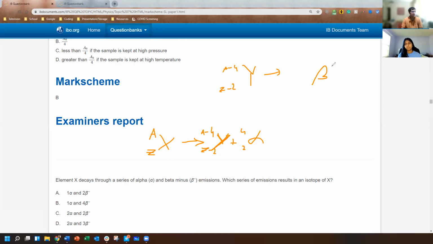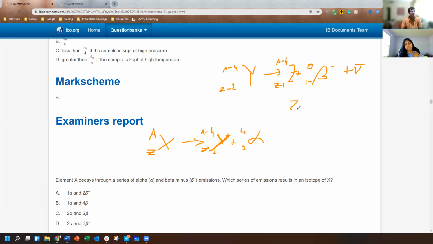So beta minus decay with an antineutrino, that's minus 1, 0 here, and some new element, let's just go with Z. That'll be Z minus 1, and that'll still be A minus 4.